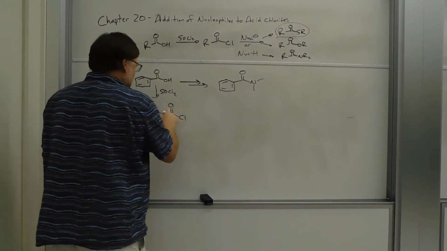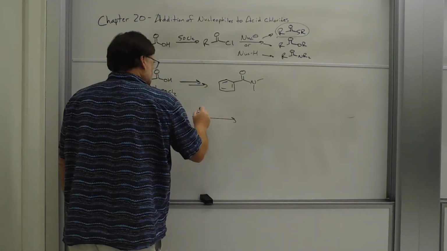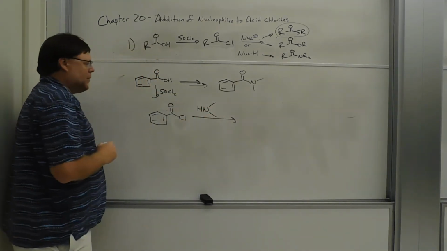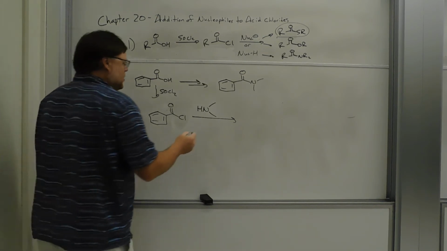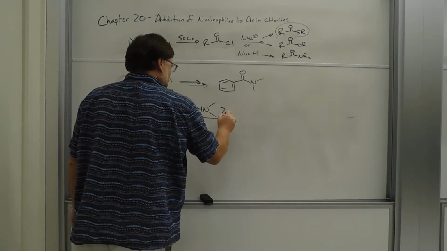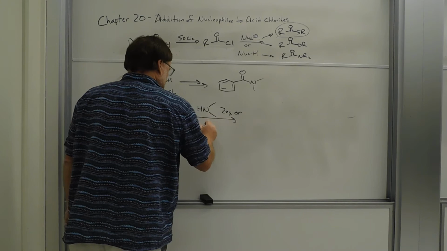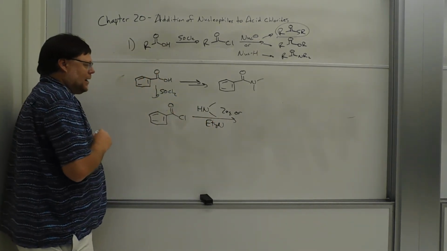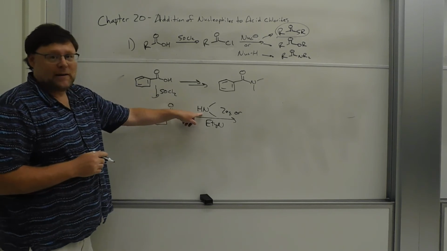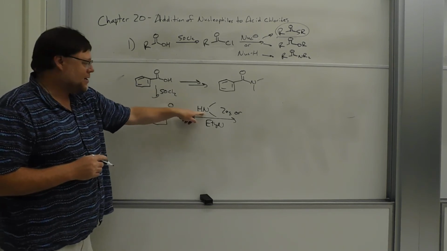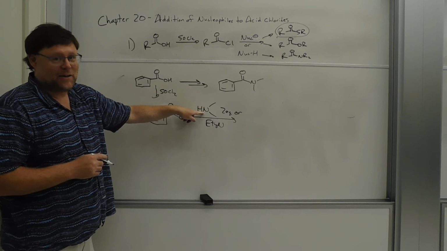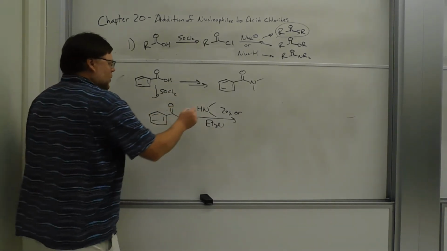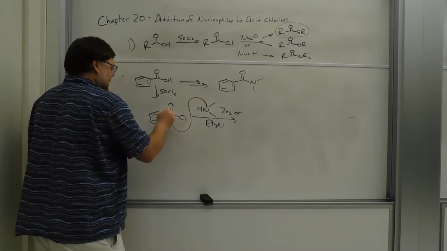Once you get your acid chloride, then you need diethylamine, and you can either use two equivalents or one equivalent of triethylamine and one equivalent of amine. And now, you don't deprotonate the nitrogen first. All right, the neutral NH has a pKa of like 33. Triethylamine is not a strong enough base to pull that proton off. So what happens is the nitrogen adds in.